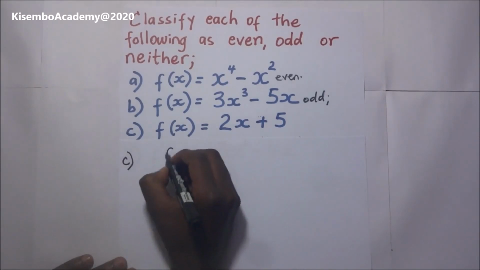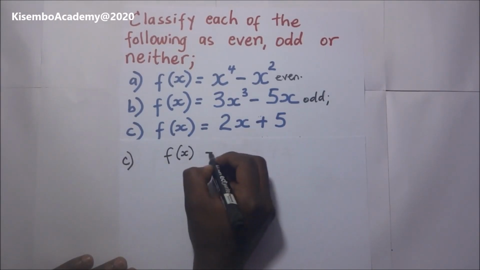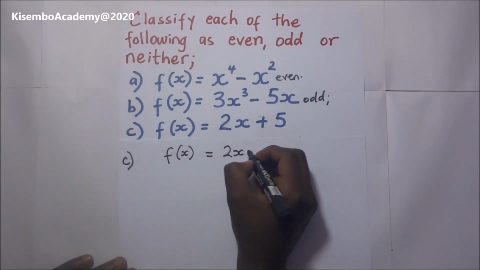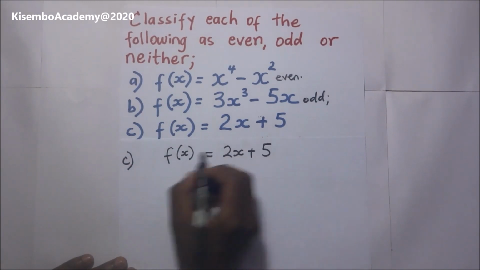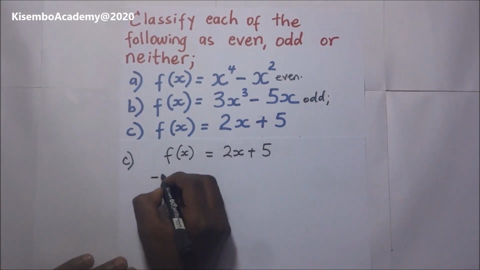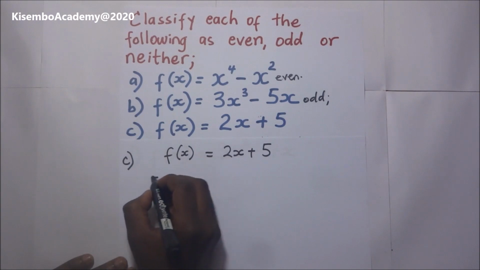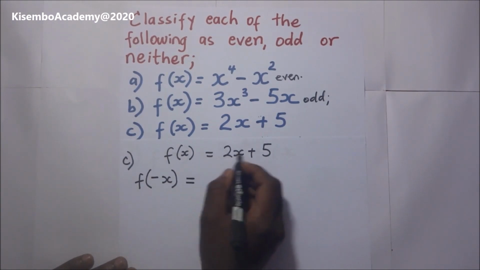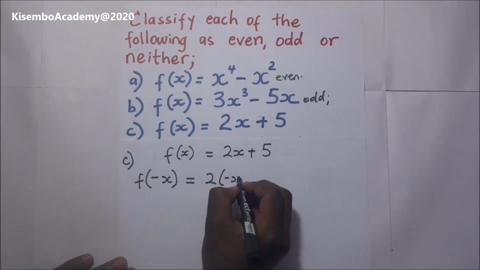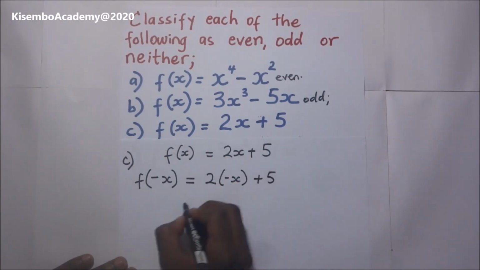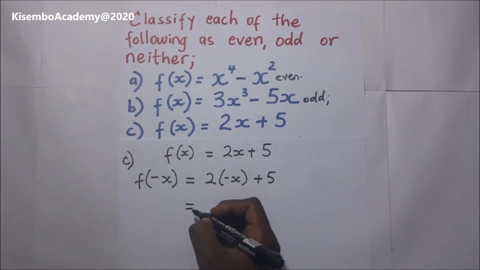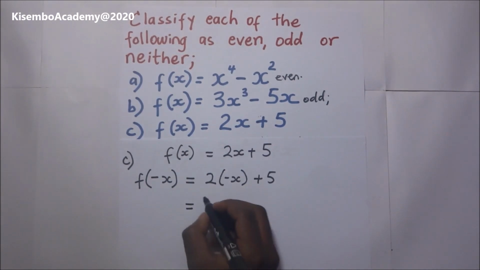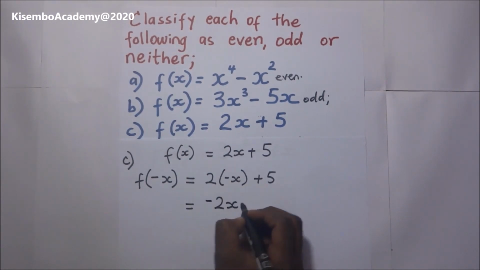Part C: f of x is 2x plus 5. Let's plug in a negative here. F of negative x is definitely going to give us 2 times negative x plus 5, and then we end up with negative 2x plus 5.